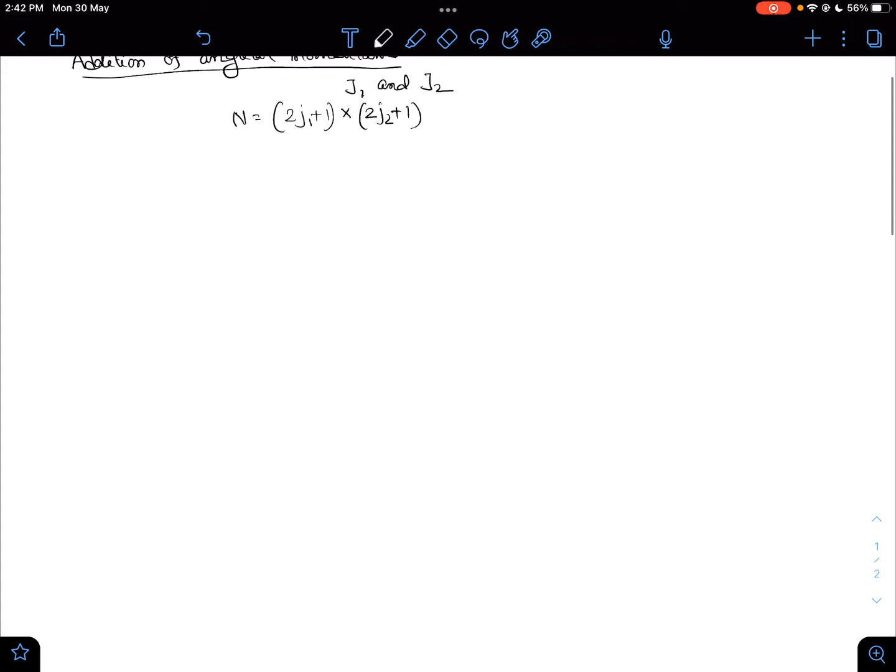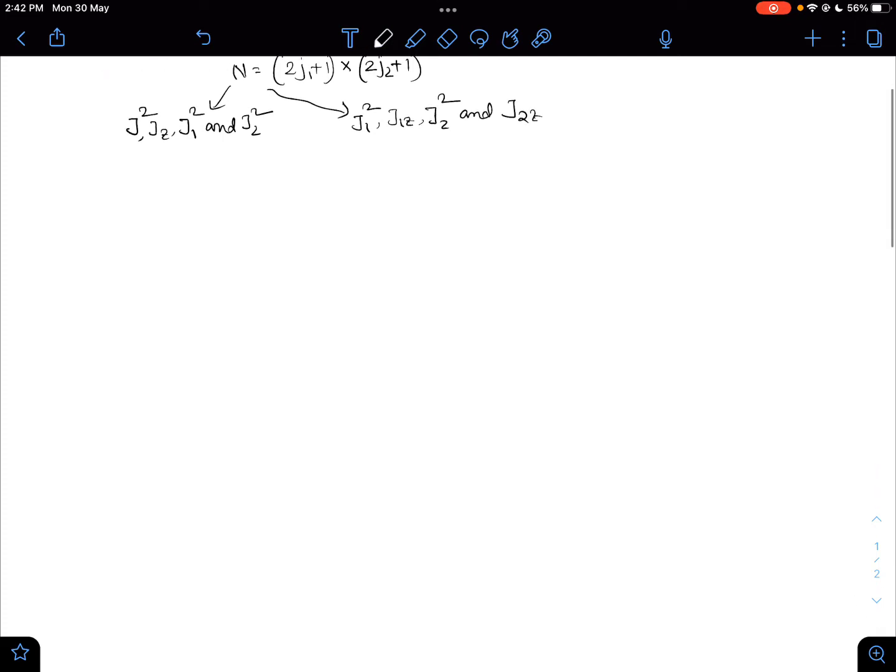This product space can be represented either by the basis of j square, jz, j1 square and j2 square, or in the basis of j1 square, j1z, j2 square and j2z.